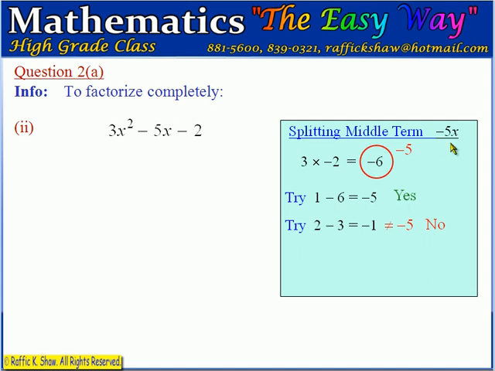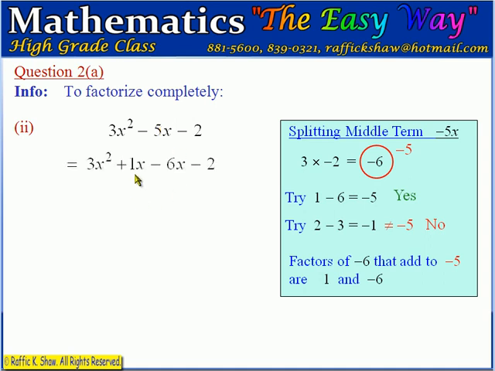So we are going to split this negative 5x into 1x minus 6x, right? This is it. The factors we are looking for, factors of negative 6 that add to negative 5, are 1 and negative 6. And therefore this negative 5x, this middle term, will split into 1x minus 6x.